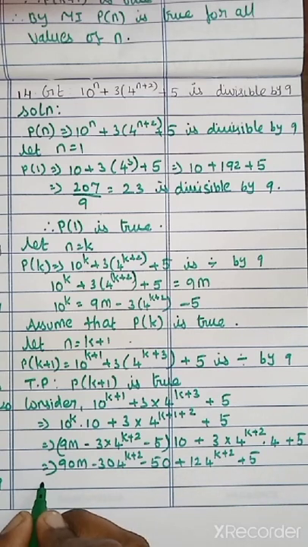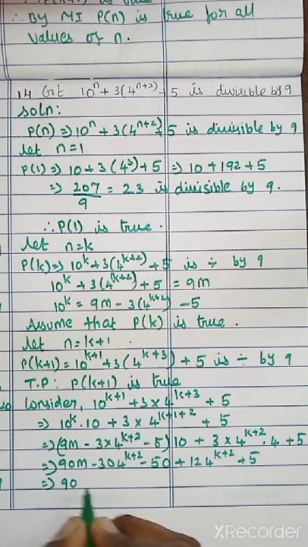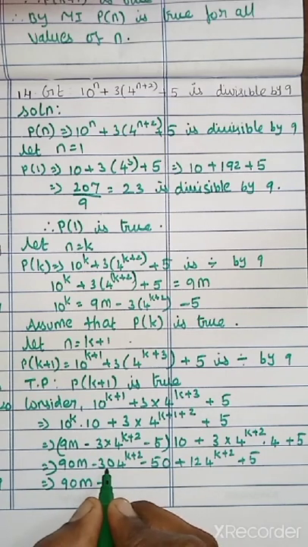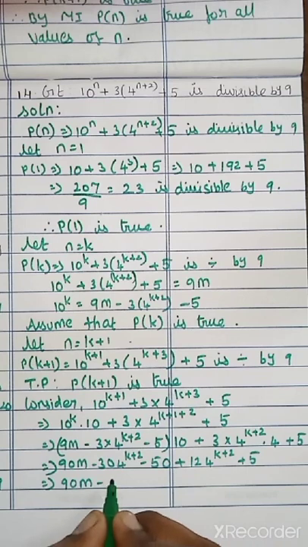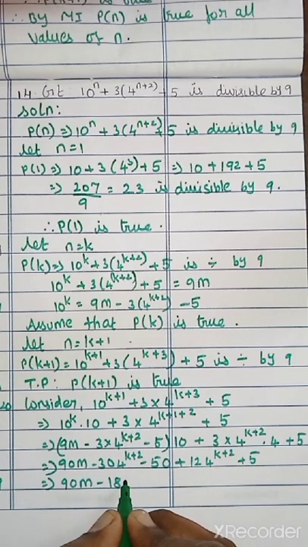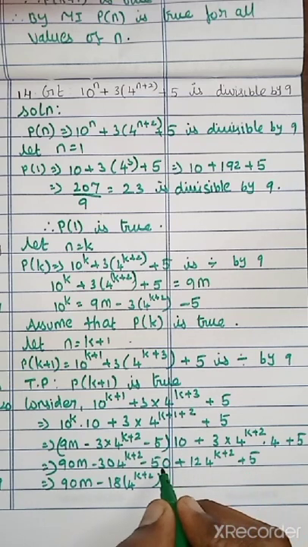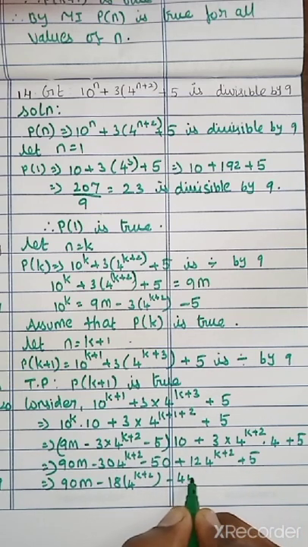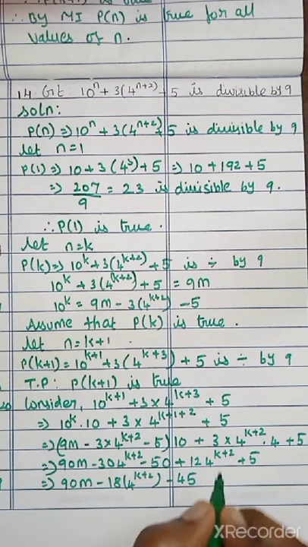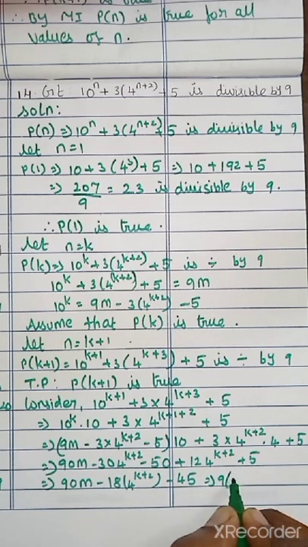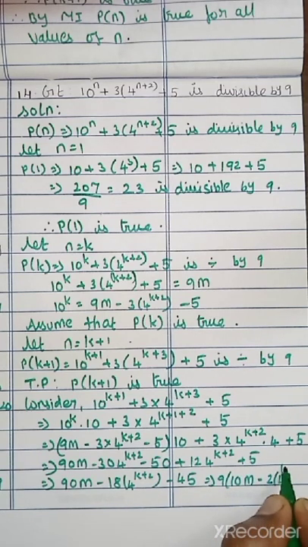The 4 power k plus 2 terms we can combine, so you will get 90m minus 18 into 4 power k plus 2, and for the constants, minus 50 plus 5 is minus 45. Again taking 9 as common, you will get 9 into 10m minus 2 into 4 power k plus 2 minus 5. Correct?